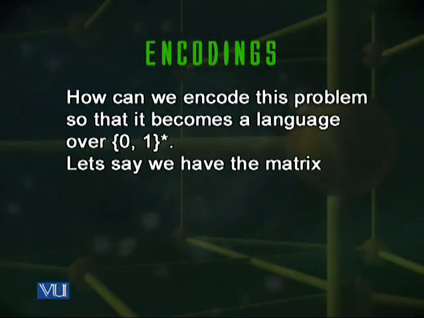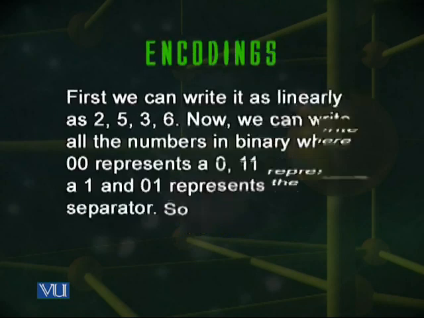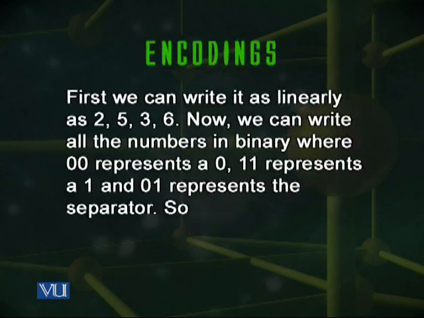Let's say we have the matrix where the first row is 2, 5 and the second row is 3, 6. What we can do is first write this matrix linearly, that is also called row major order. So I can represent this matrix as 2, 5, 3, 6.